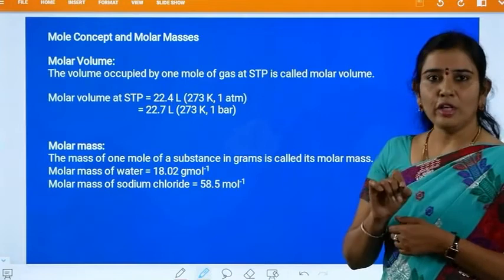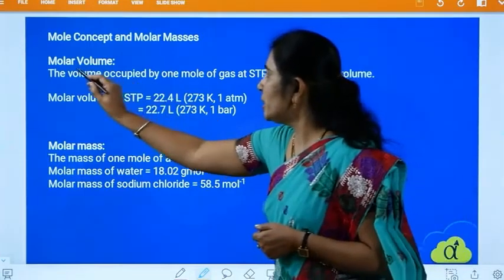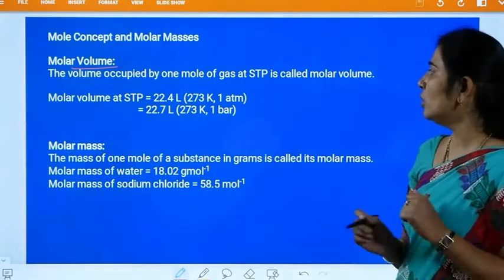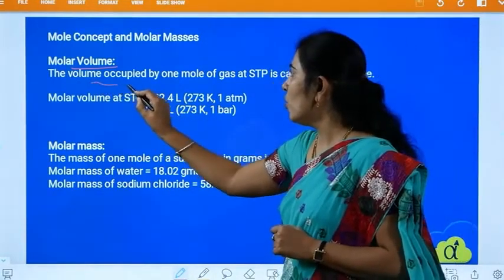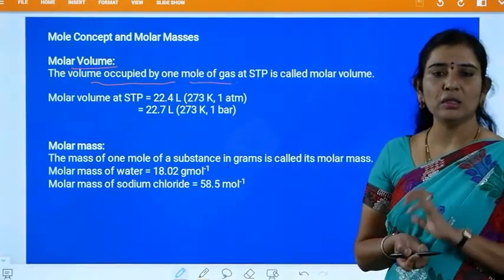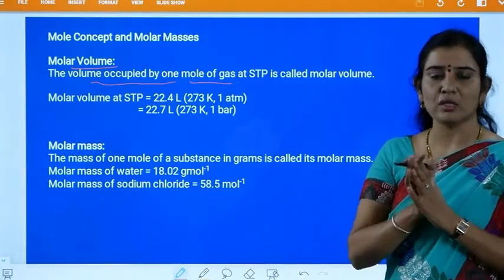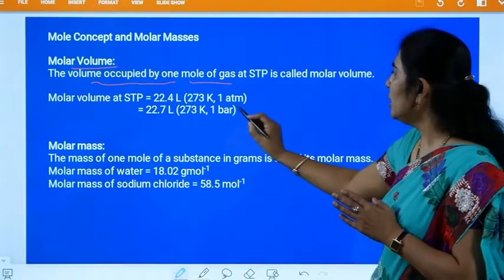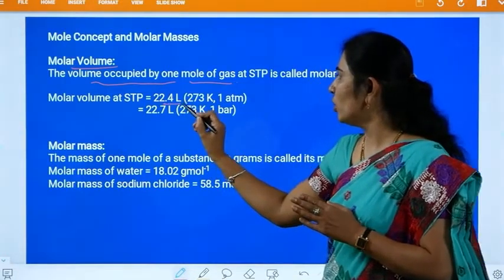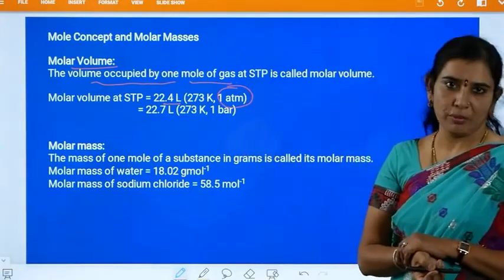The amount of atoms or molecules present in a gaseous substance can be expressed in terms of molar volume. Now, what do you mean by molar volume? Volume occupied by 1 mole of gas. Molar volume means how much volume is occupied by 1 mole of a gas. For 1 mole, you should consider 22.4 liter as standard if you take pressure as 1 atmosphere.